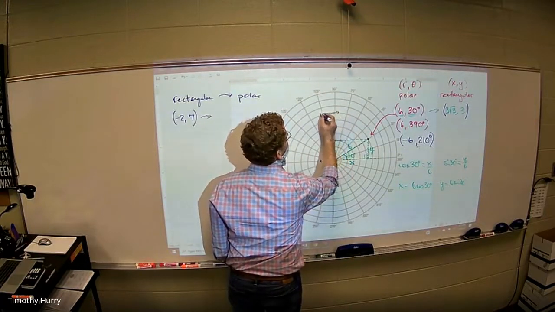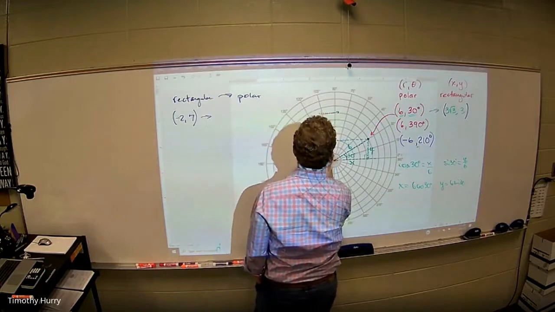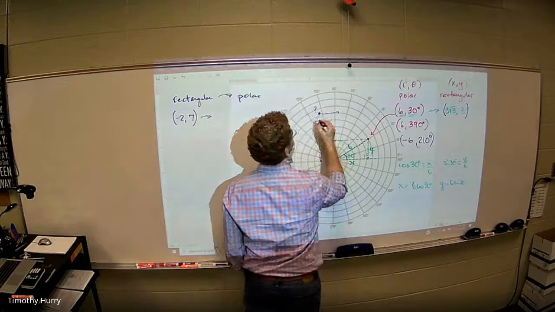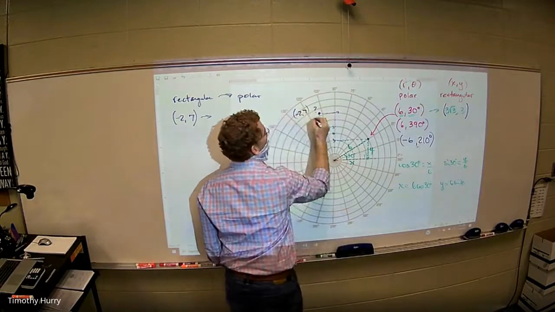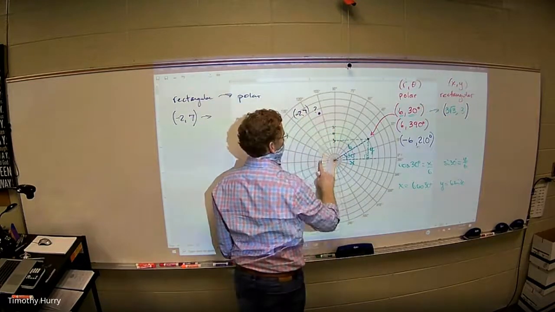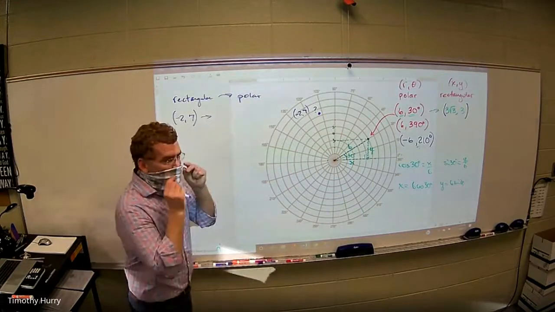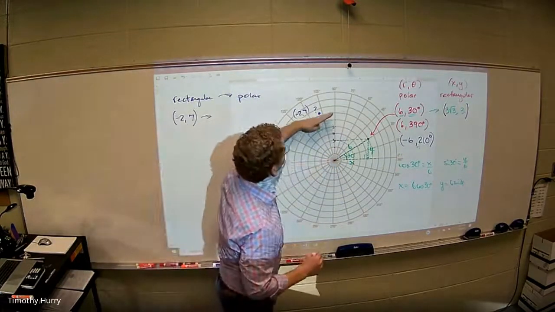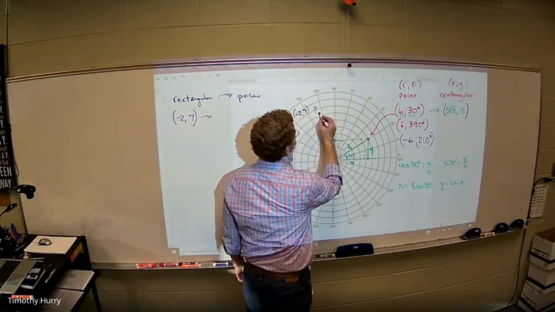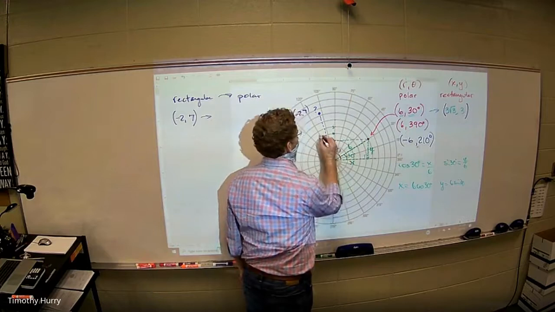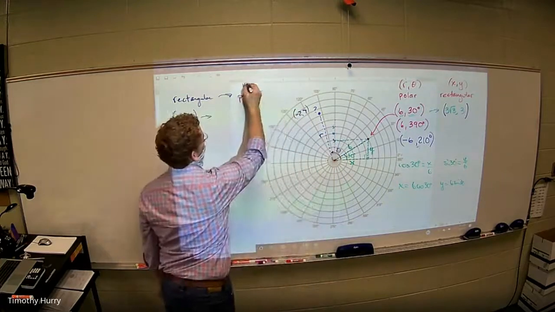I guess I could eyeball it. And just eyeballing that puts me somewhere, maybe right there. So that's pretty close to -2, 7. Y'all with me? But I don't want the rectangular now. I want the polar. So I want to know, okay, how far out were we? And what was the angle? I want to know the r and the theta.